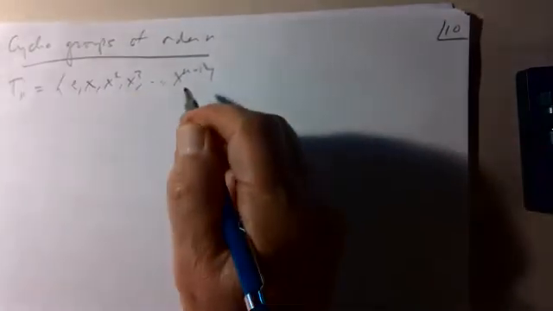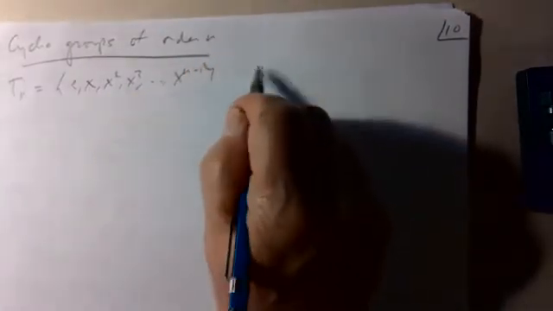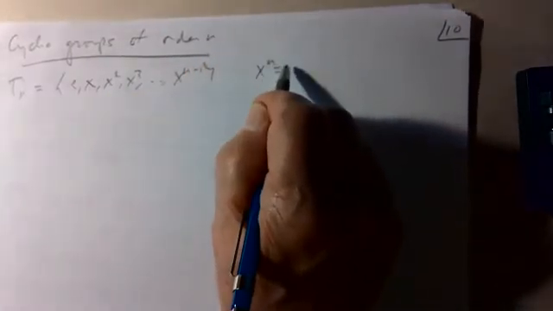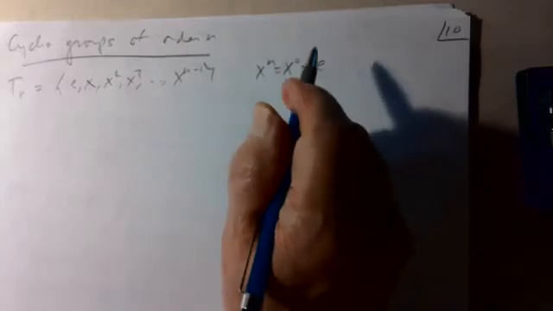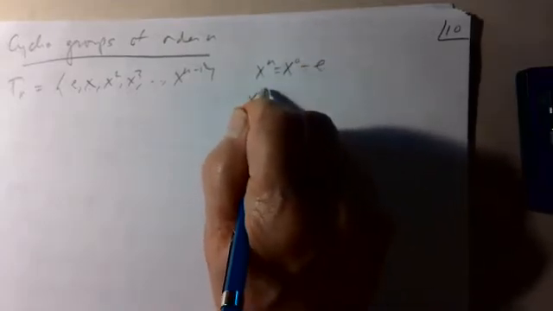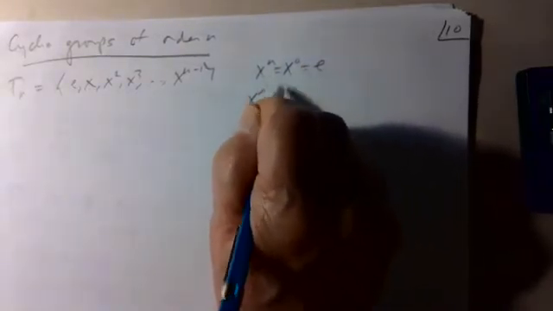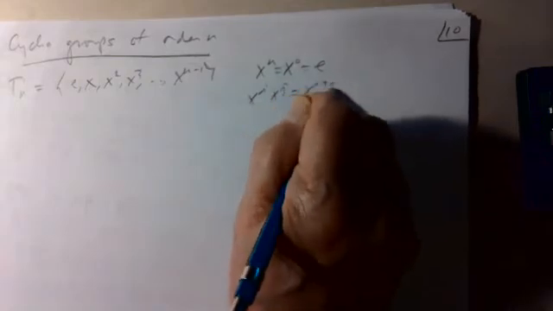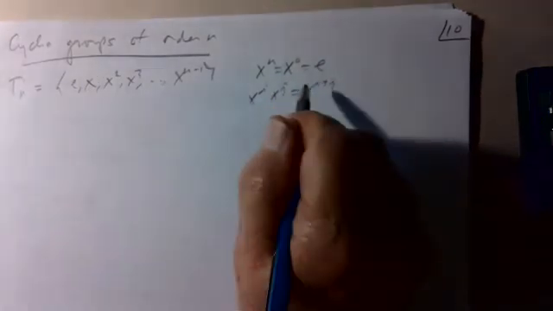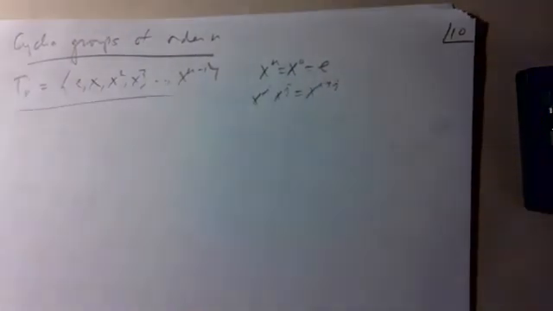So a finite cyclic group of order n looks like, it doesn't matter what variable we use, x, x squared, x cubed, up to x to the n minus 1, with x to the n equal to x to the 0, the identity, and x to the i times x to the j is x to the i plus j mod n. This is a finite cyclic group.